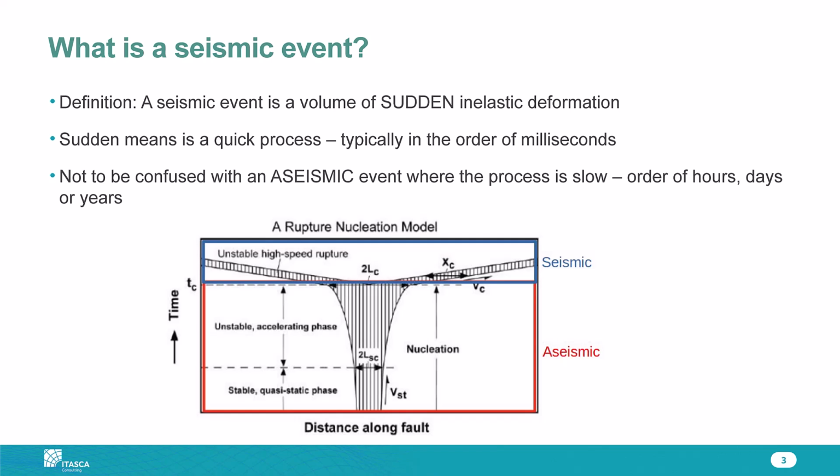At a certain point, that rupture starts accelerating. So it becomes faster, the crack grows faster into this unstable accelerating phase, but it's still aseismic. It's still something that a typical seismic system cannot record. That deformation, or the frequency of that deformation, is too slow. Then at some point, the rupture starts rapidly accelerating.